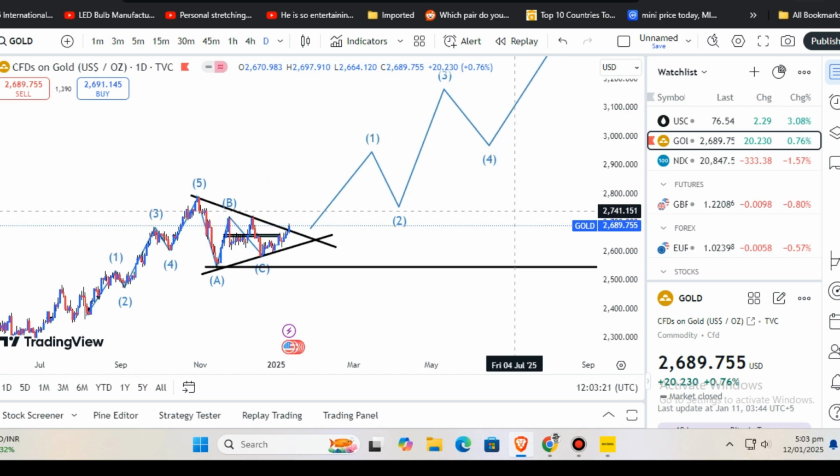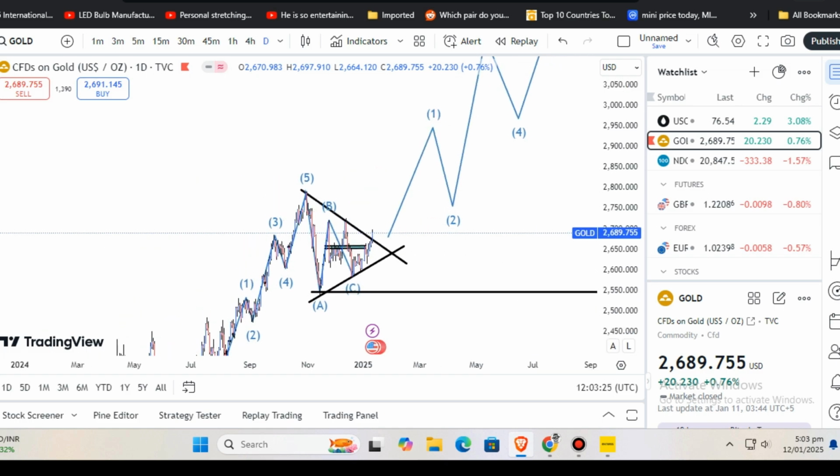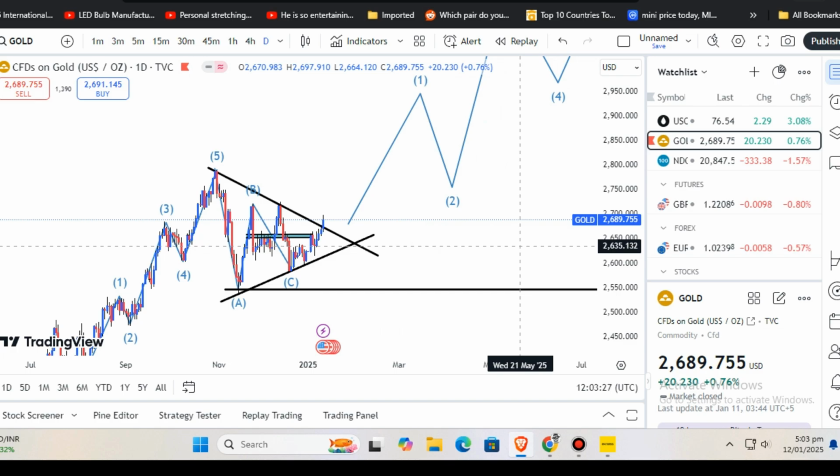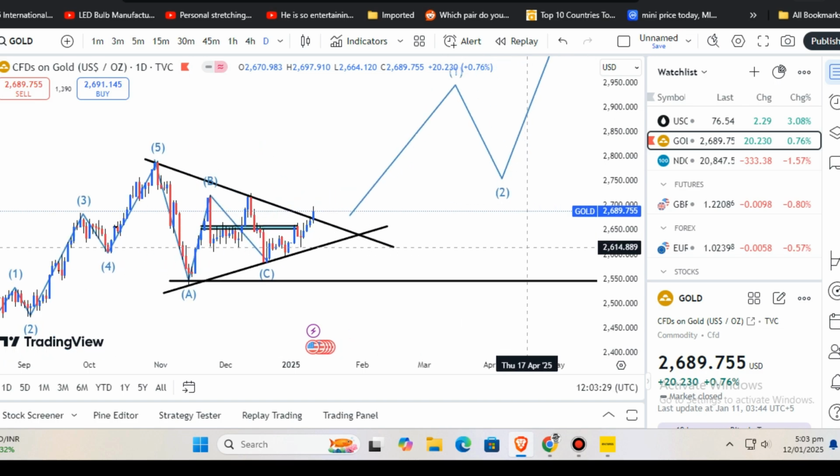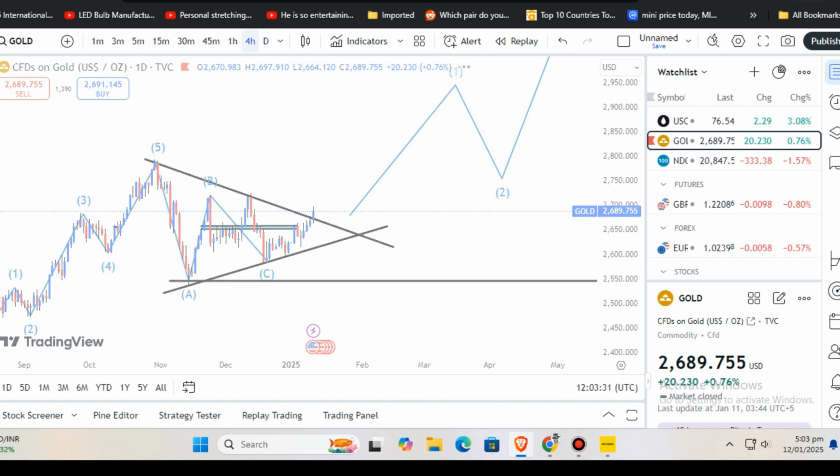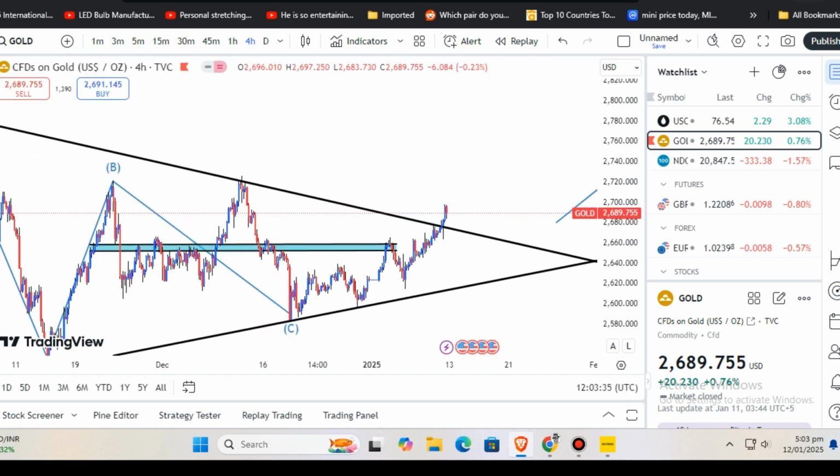That's why I am very bullish on gold. If I talk specifically about the upcoming week or next week, then let's go into the lower time frames and see what we can see.